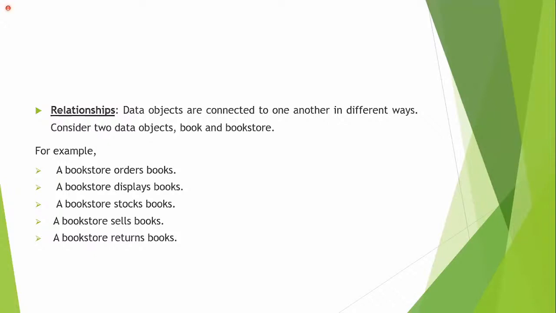They can order the books, they can stock, and then the bookstore will be selling the books, or it will keep them only for the purpose of reading, and the bookstore is kept only for library purposes, where only reference is allowed. And the bookstore returns books. Okay, these are certain relationships. We can extend a lot of relations from the data objects.